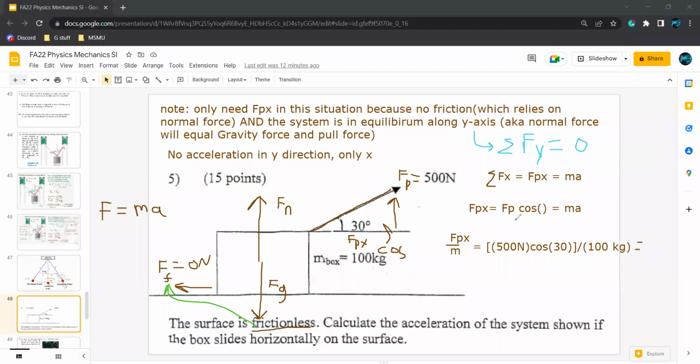All right. So then your acceleration of the system is equal to 4.3. Acceleration is equal to 4.3 meters per second squared. I'll write them squared.